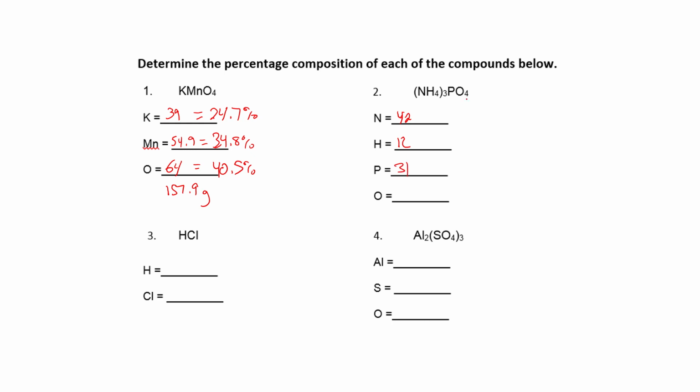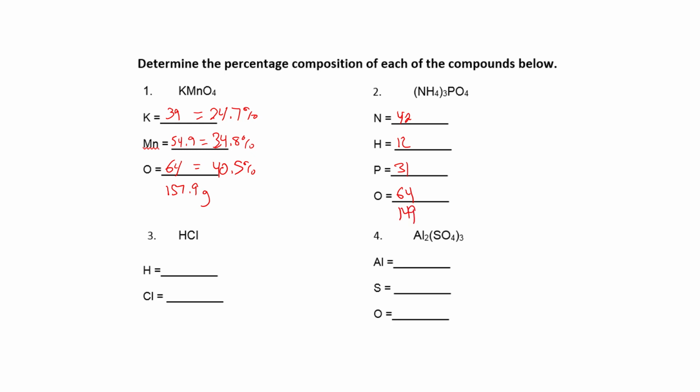And oxygen has a mass of 16, but there's 4 oxygen. So 16 times 4 is 64. If we add these all together, 42 plus 12 plus 31 plus 64 is 149.